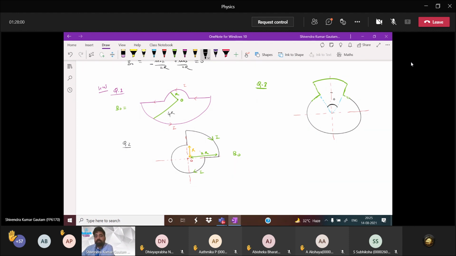Pi by 3. This radius, current I. This distance given is R, as well as this distance is also R only.